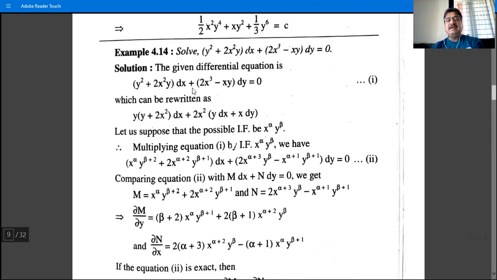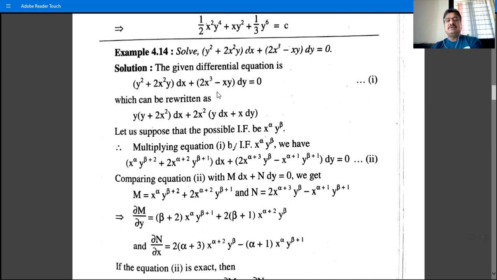Write y^2 dx, 2x^2 y dx, 2x^3 dy, minus x y dy. Then for the 2x^2 y dx and the 2x^3 dy, take 2x^2 as common. So what do we have? (y dx + x dy) in the bracket, and the remaining terms are y^2 dx minus x y dy.